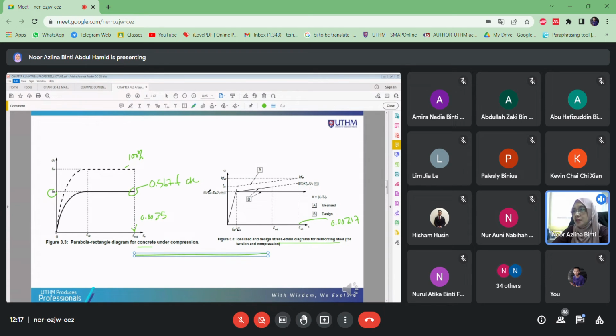Kalau steel tadi, for the design, it is 0.817 FYK. Okay, so you need to remember and understand all the values here.